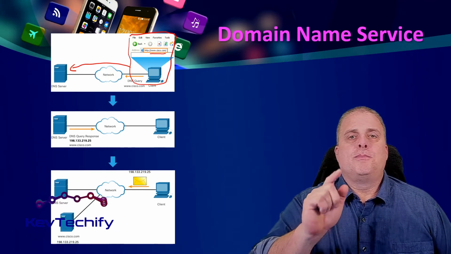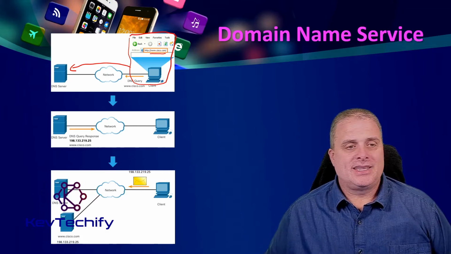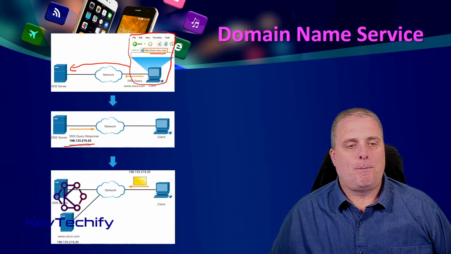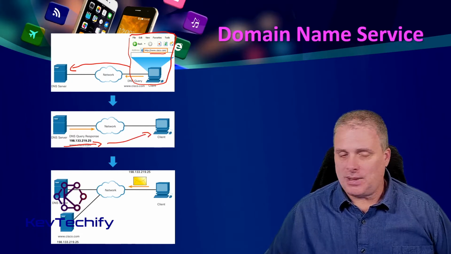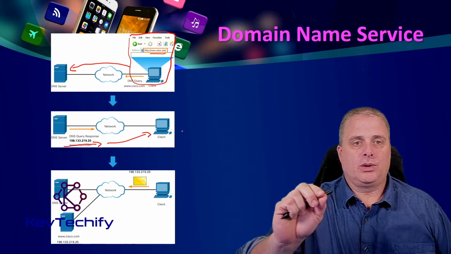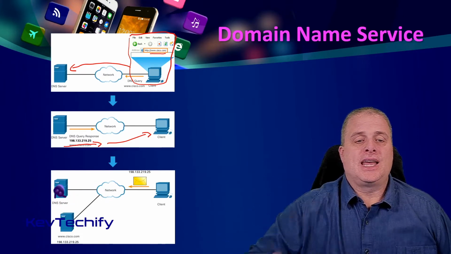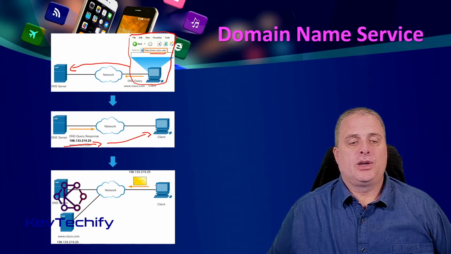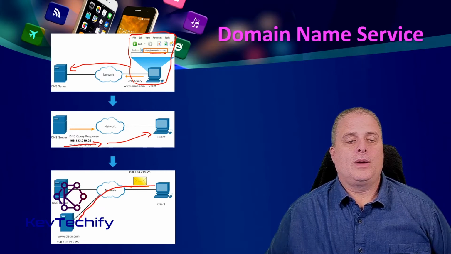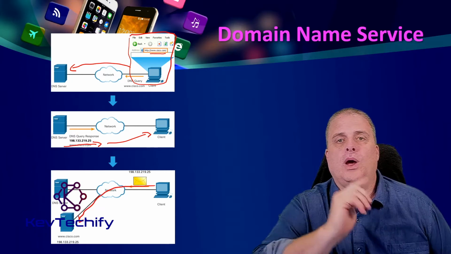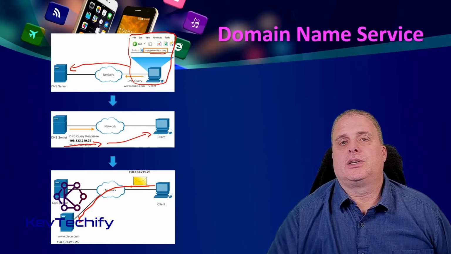When it finds the match to that domain name, it sends that IP address back to the client. Now the client has the IP address associated with www.cisco.com. It can now start sending that HTTP request to the web server to get the web page. That's how our DNS works.